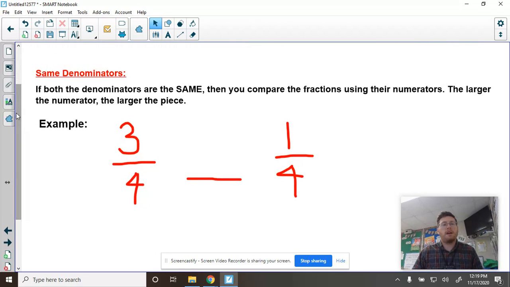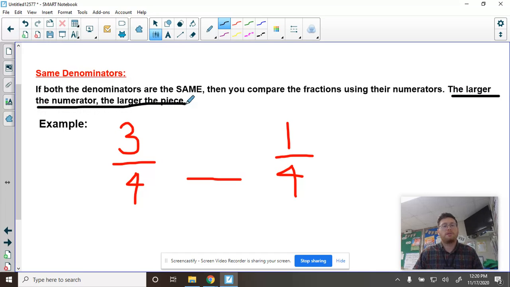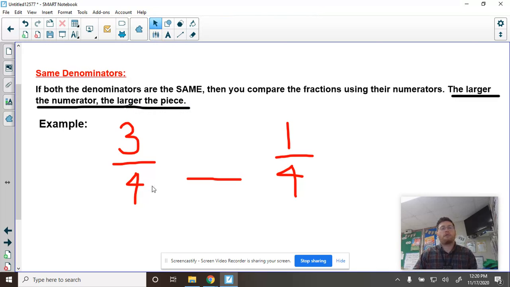It says same denominators. If both the denominators, which are these down here, are the same, then you can compare the fractions using their numerators. So the larger the numerator, the larger the piece. All right, so I have 3/4 here and I have 1/4 here.